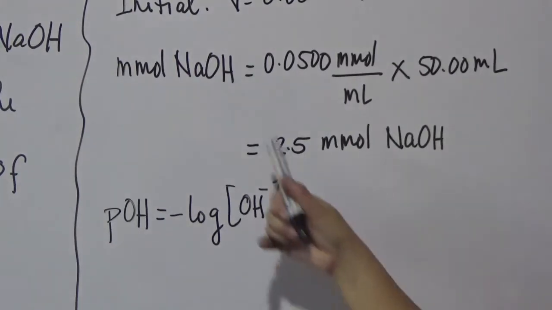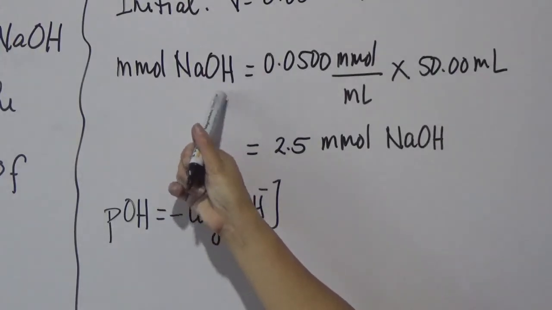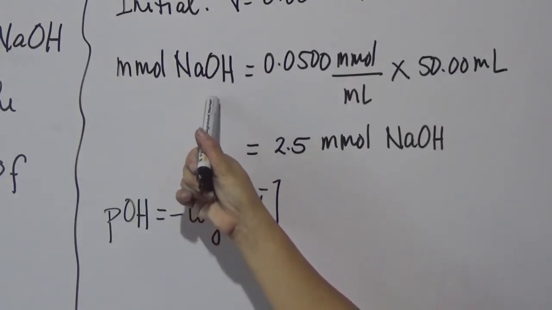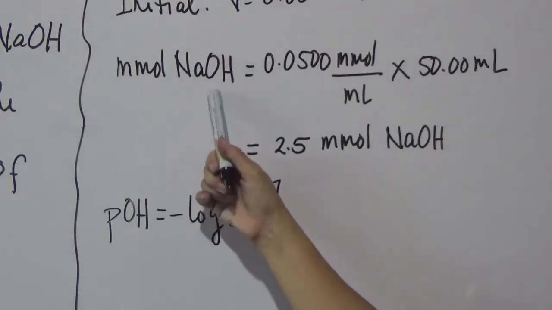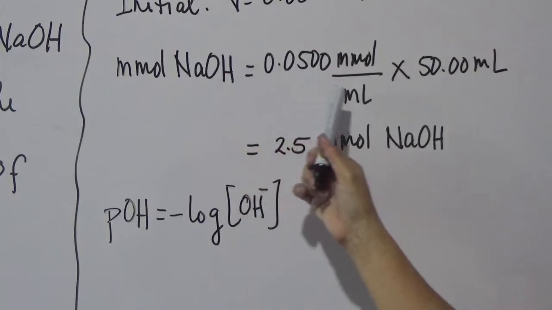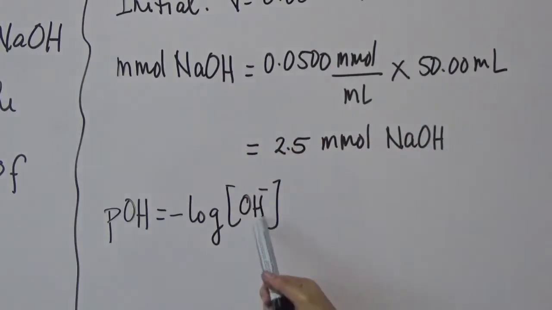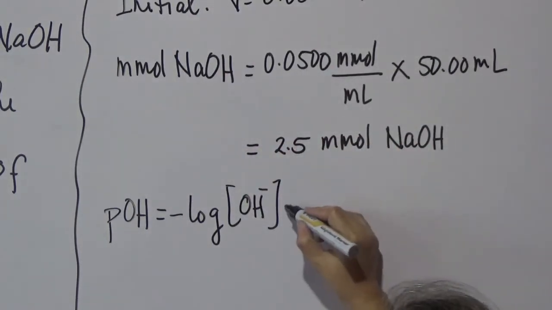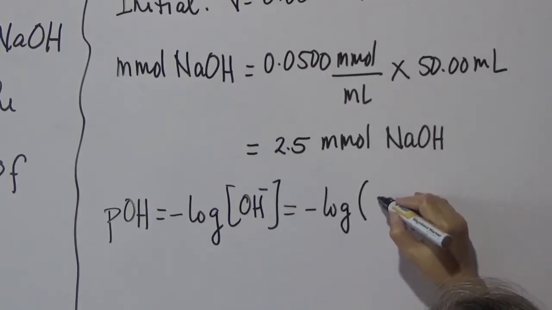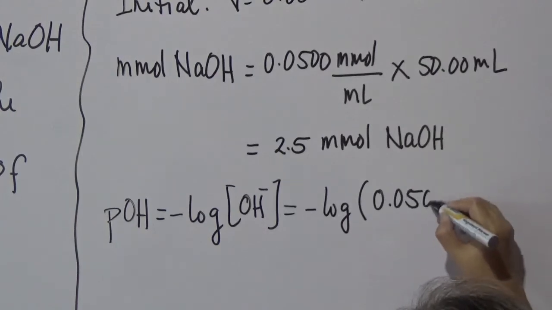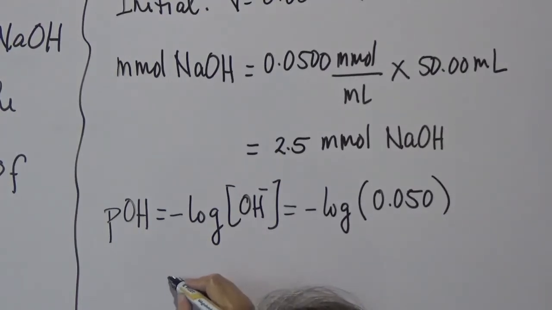Again, since it is a strong base, it will be completely ionized into sodium ion and hydroxyl ion. Therefore, the concentration of the sodium hydroxide is also equal to the concentration of the hydroxyl ion. So this will be equal to the negative log of the concentration of sodium hydroxide, 0.05. If you compute this, this is equal to negative log of 0.05.